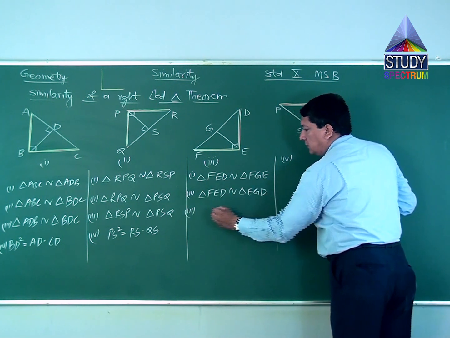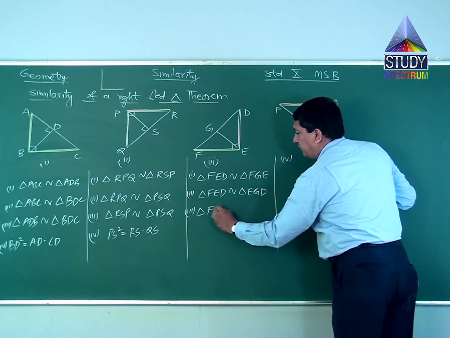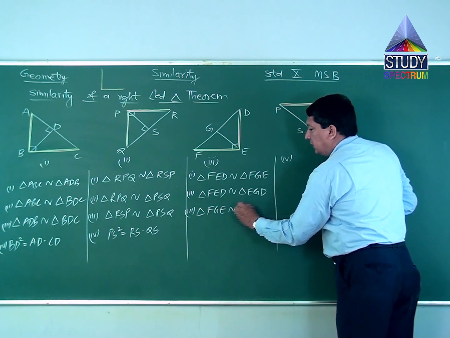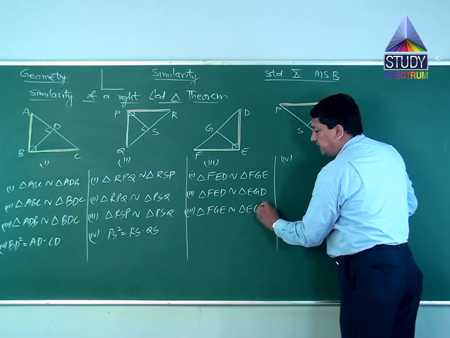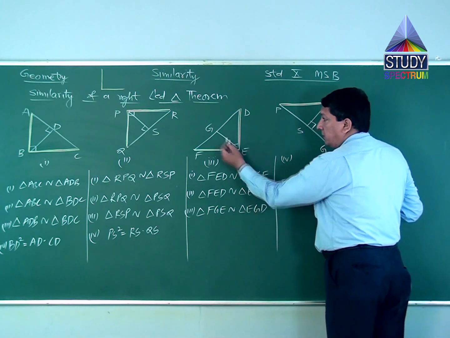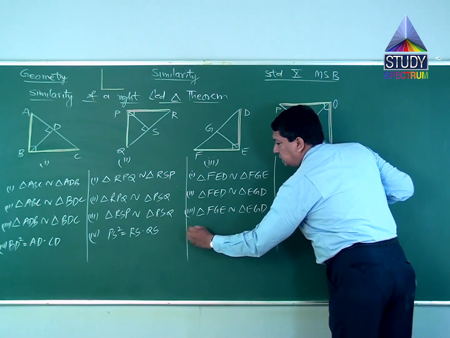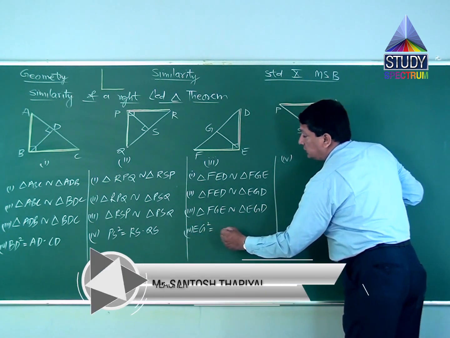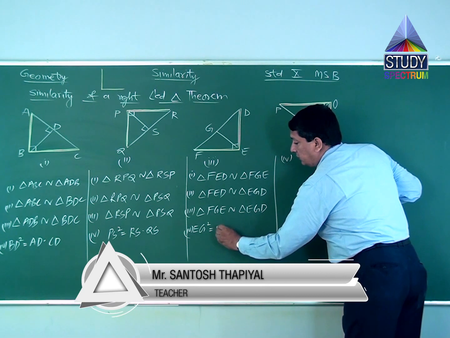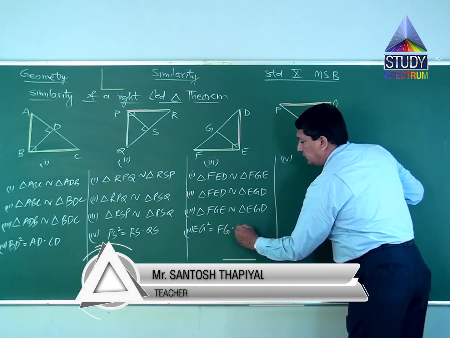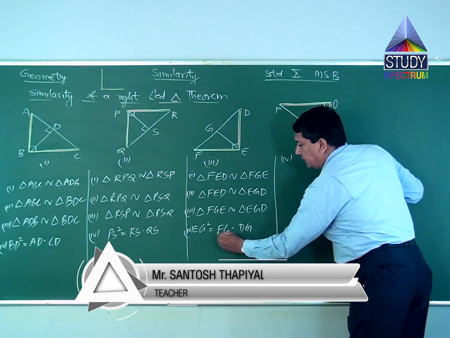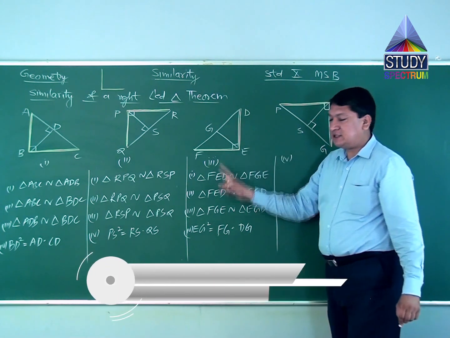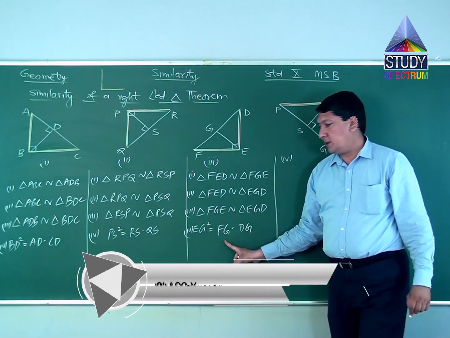So triangle FGE is similar to triangle EGD. And fourth is geometric mean, that is EG square equals FG into DG. This is your geometric mean property.